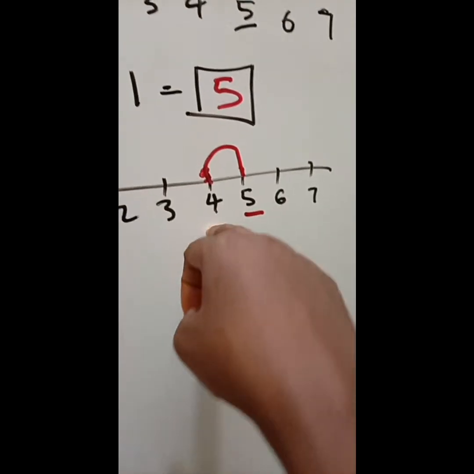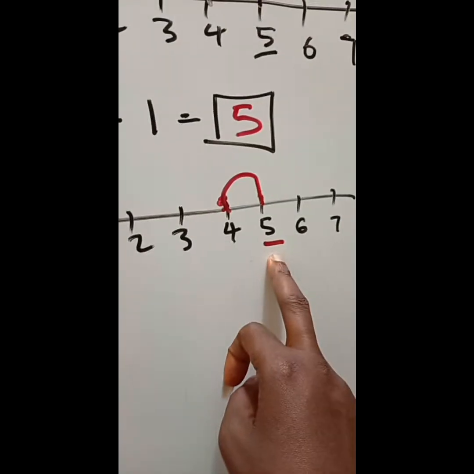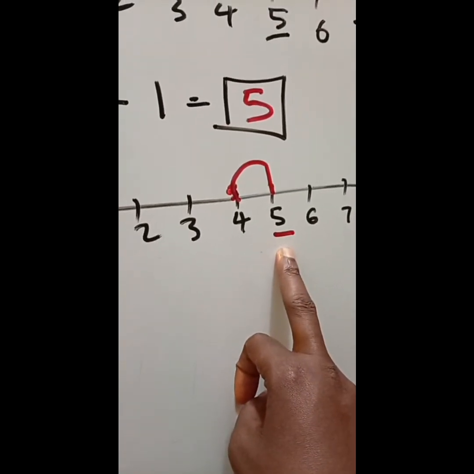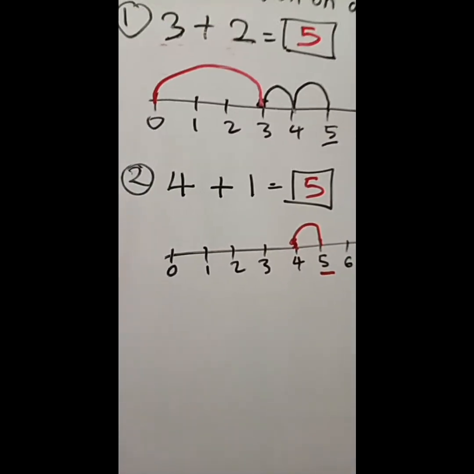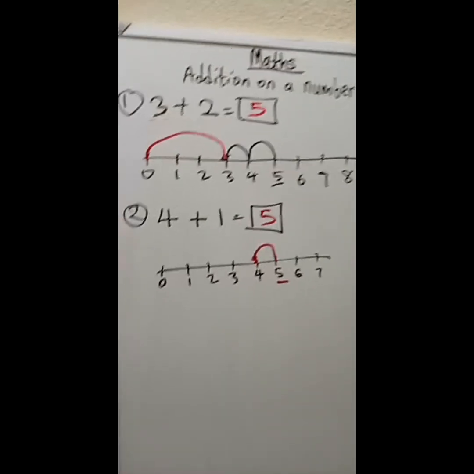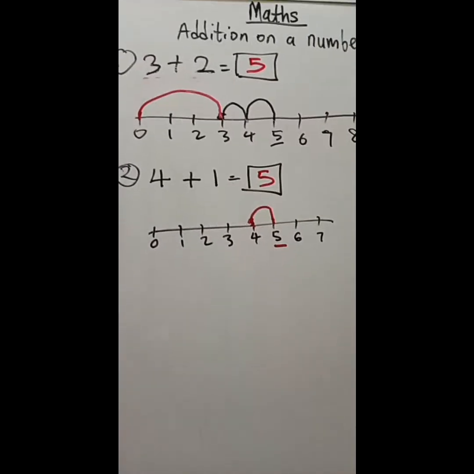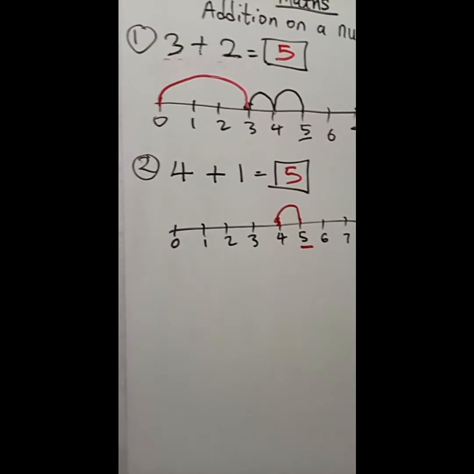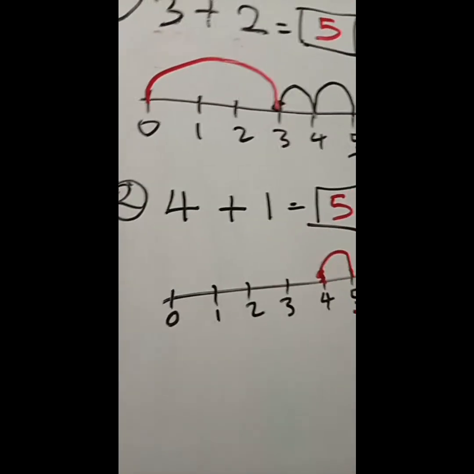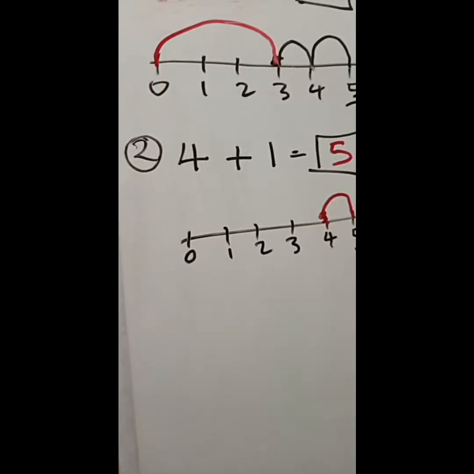From 4, just one jump, and it landed on 5. So you come here and write 5. So 5 is our answer. Okay, so let's take another example.